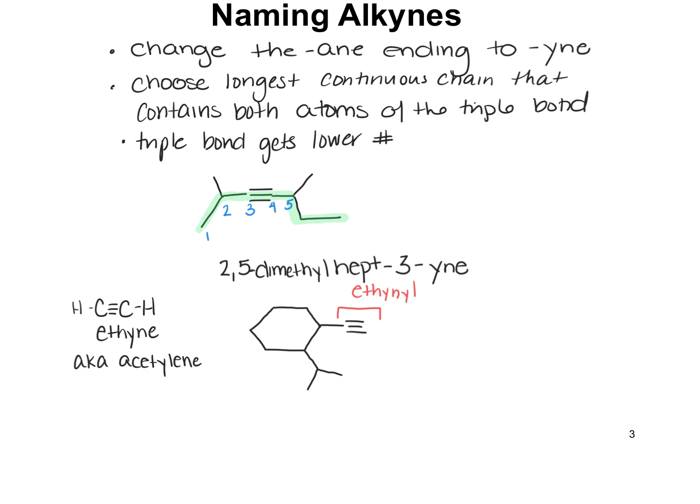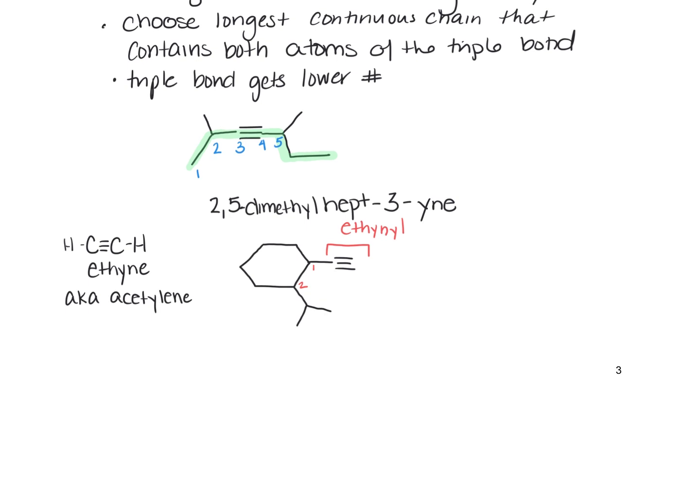So we use the cyclohexane as the parent hydrocarbon name, and we number in such a way that ethynyl ends up with the lowest number, because when we look at alphabetical order, isopropyl doesn't come alphabetically first.